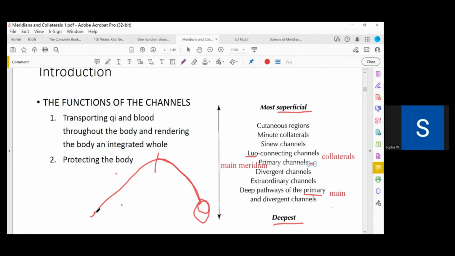We have acupoints on it. So that's the main meridian, this part here. And deep pathway, that's this part.